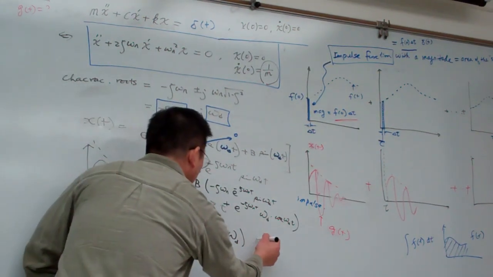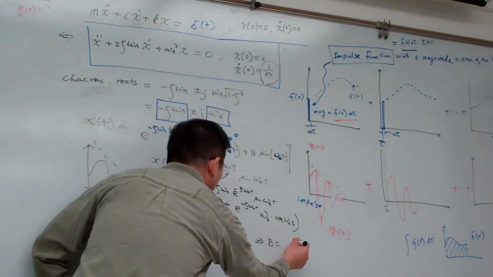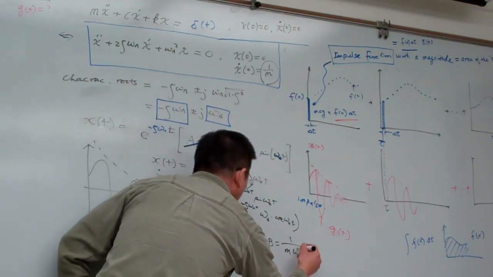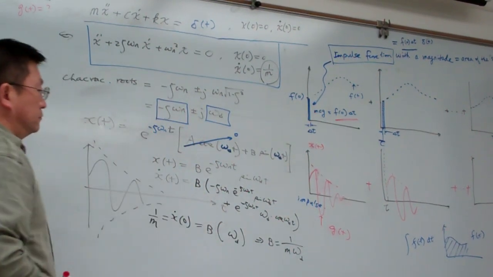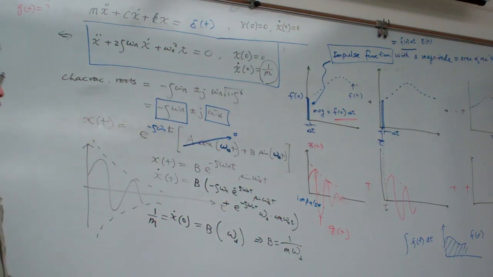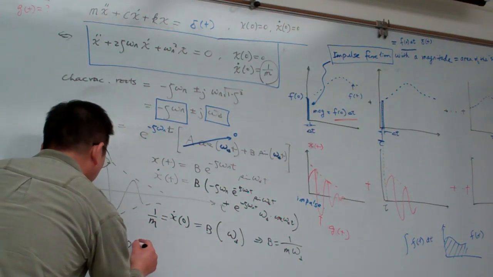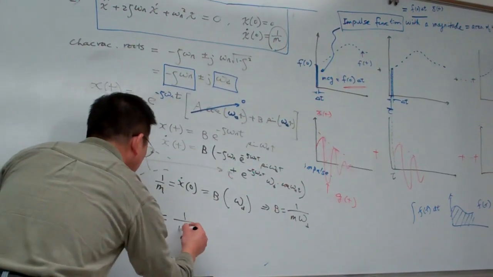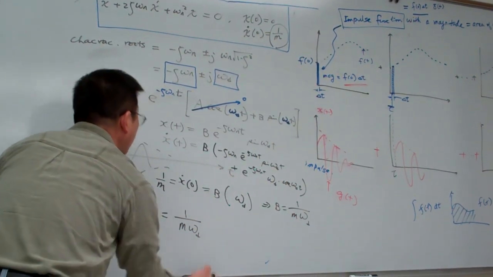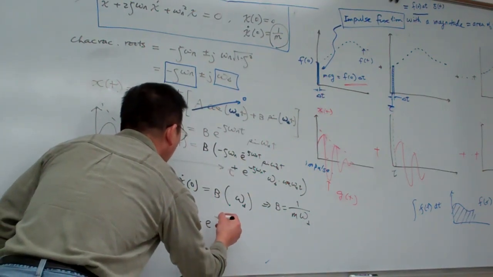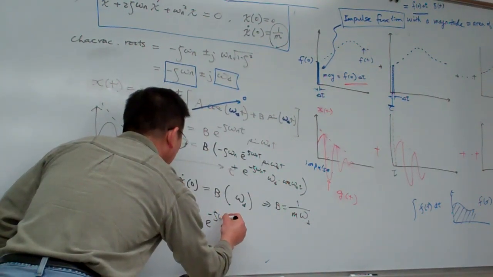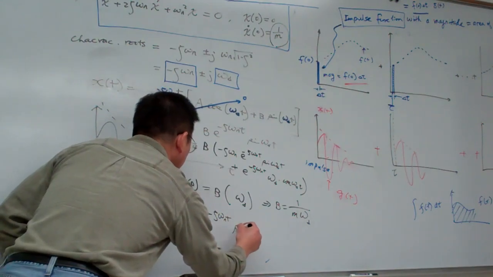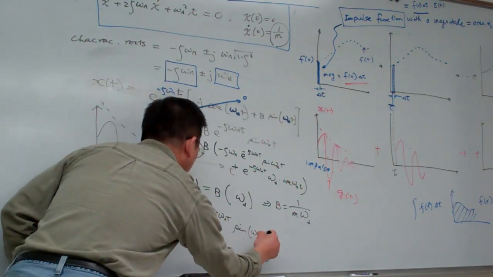So therefore, d equals m omega d. Good? So from here, we have x(t) equal to 1 over m omega d, exponent minus zeta omega n t, and sine omega d t.